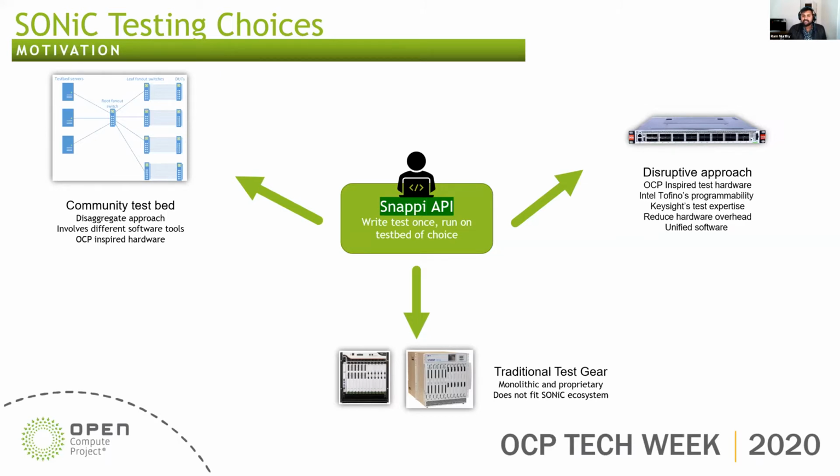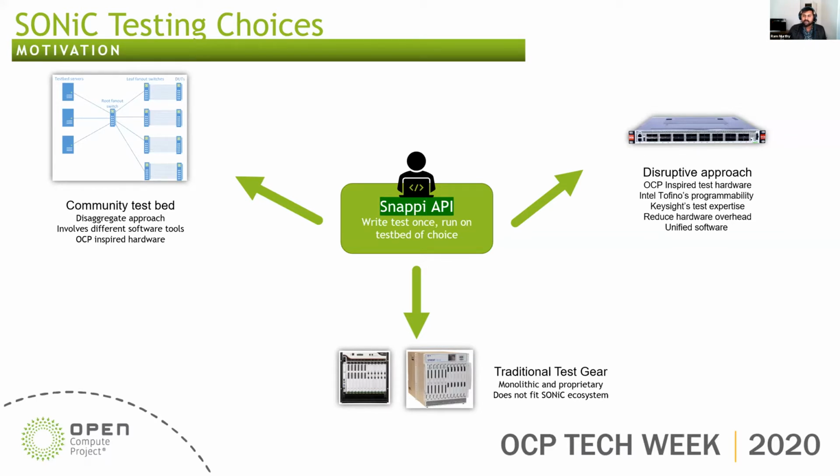Specifically, we're seeing this trend moving from the traditional test gear, very similar to what we're seeing in the switching gear, from these monolithic proprietary solutions into a disaggregated approach with OCP-inspired hardware. For us, the question was, this is the way the community is moving. What can we do to answer the needs there? On the hardware side, that's where UHD comes in, where we're again using this OCP-inspired hardware and trying to leverage the synergies that are there within the OCP community.